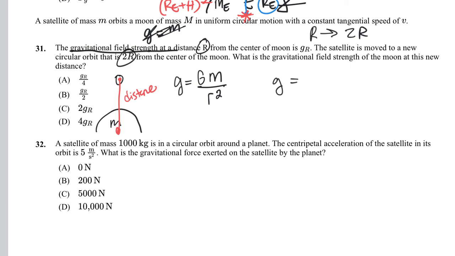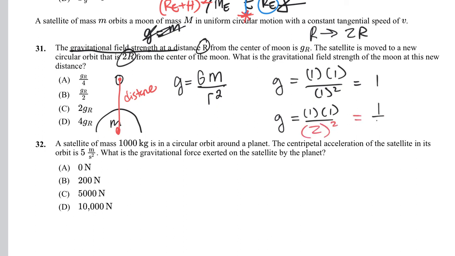So we're going to use our warm-up strategy from a few days ago. So this is our baseline gravity. So we're going to place 1 for G, 1 for M, and 1 for r squared. So our baseline gravity would be 1. Let's see what happens when we change the radius to 2. So as you can see, it changes to 1/4.